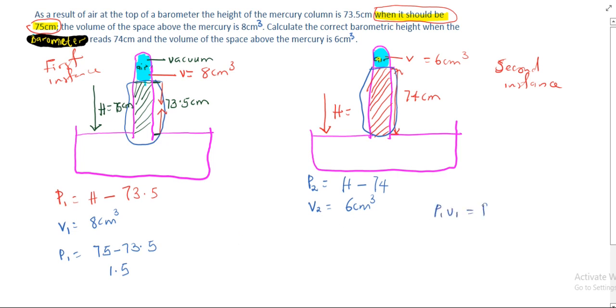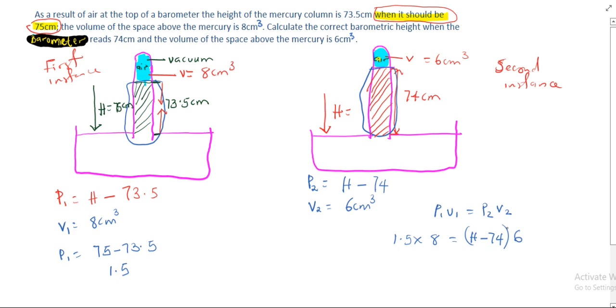So let's now use our formula: P1 V1 equals P2 V2. Our P1 is 1.5 multiplied by V1, which is 8, equals our P2, which is H minus 74, multiplied by 6.